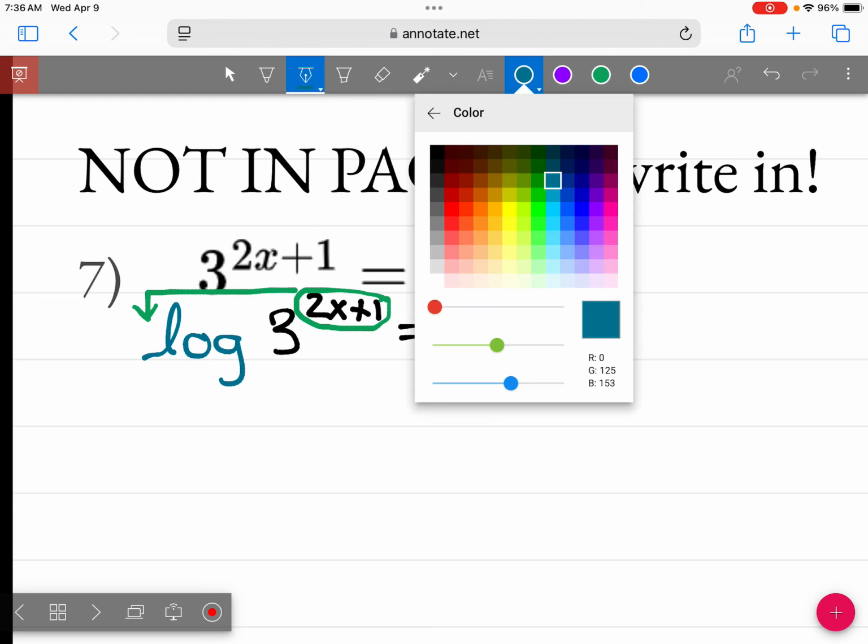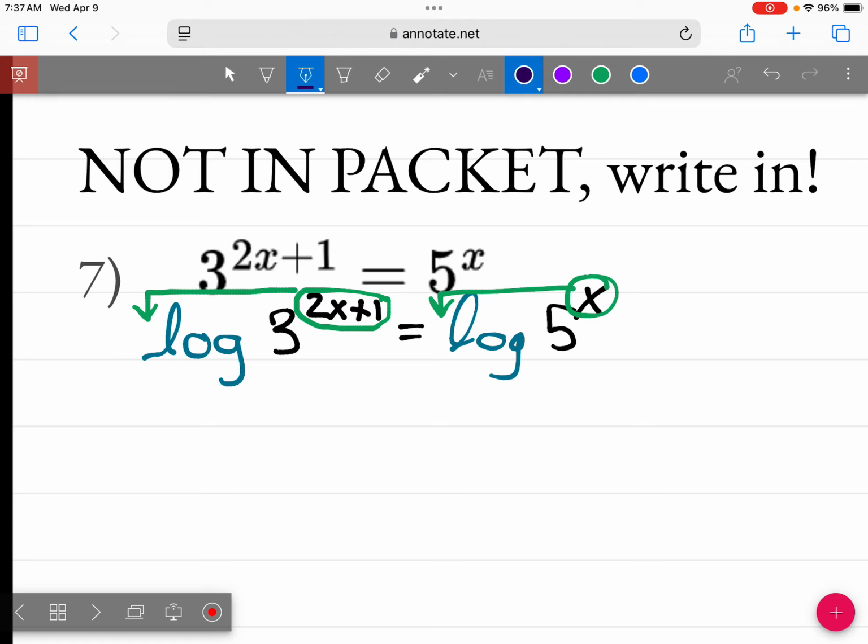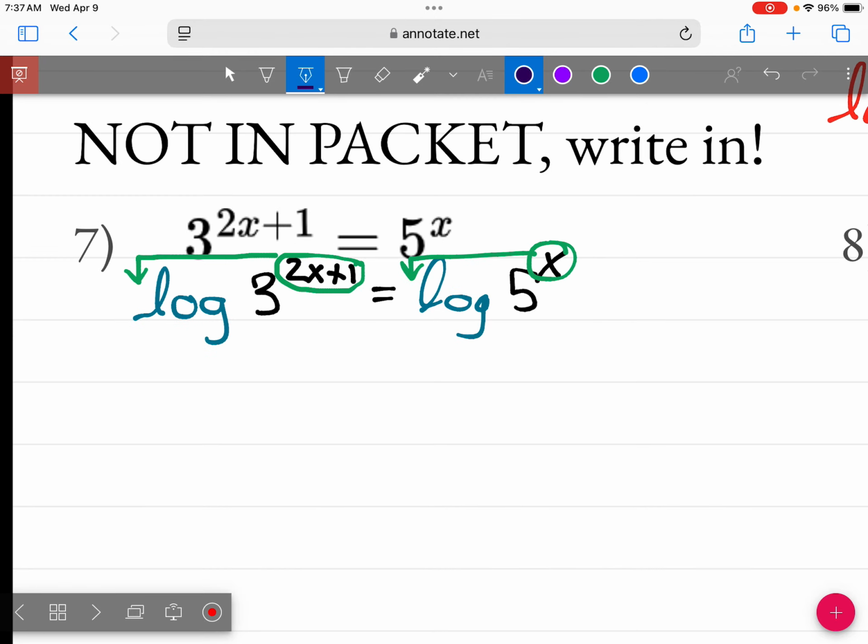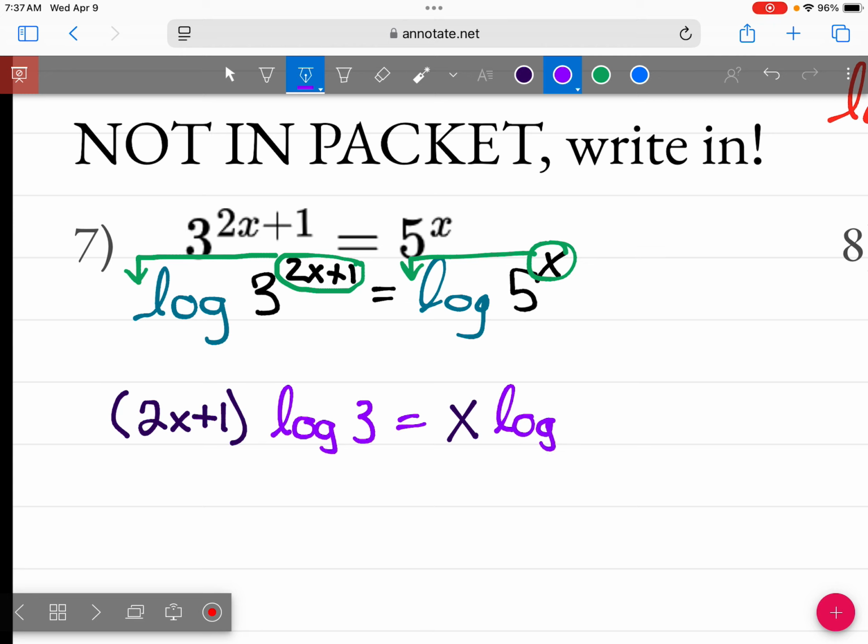So just warning you, these look a little nasty. Because on our next step we're going to have our power, the 2x plus 1, with our log of 3, because we brought that power down. And that's going to be equal to x times our log of 5.